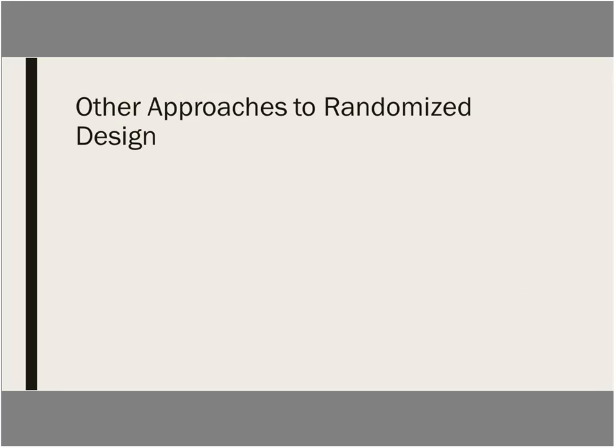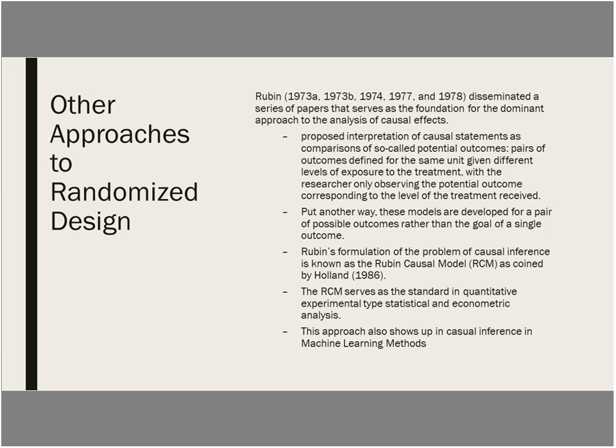So, other approaches to research design, and these are the topics that I mentioned here, all these papers and so on. They're very, very common, but a lot of people don't really know about this when they're doing quantitative experimental work. These papers by Rubin look at all this information concerning causal effects.